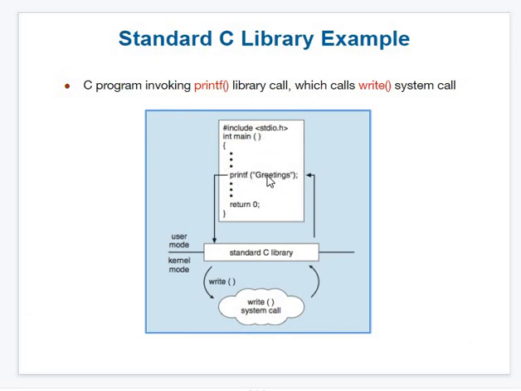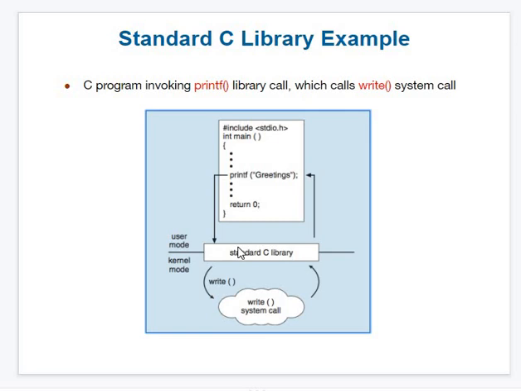What is there? Greetings. So printf is in user mode. In the standard C library there are n number of libraries, and one of them is the print function. Immediately when it comes across printf, it will shift from user mode to kernel mode.